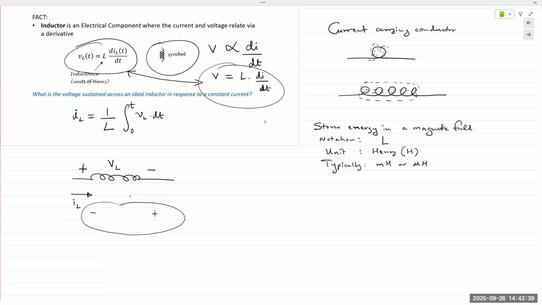You have a derivative of IL. If I remains constant, not AC, just DC, mathematically what happens? The derivative of a constant is 0. So the voltage across the inductor goes to 0 because it behaves like a short circuit. The answer to this question is that the voltage across the inductor will go to 0 when the current is constant.